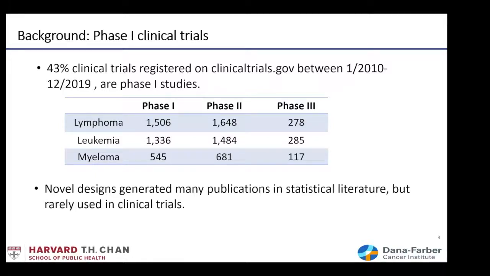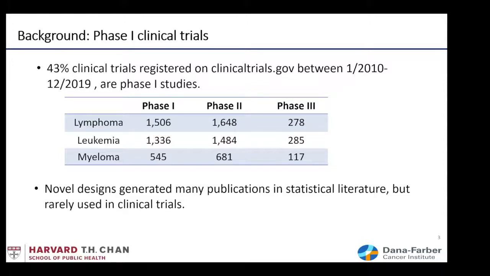However, we know that pretty much all phase 2 and phase 3 trials have gone through a phase 1 stage, but many phase 1 trials did not make it to phase 2 or phase 3. So there are actually many more phase 1 trials than phase 2 and phase 3.